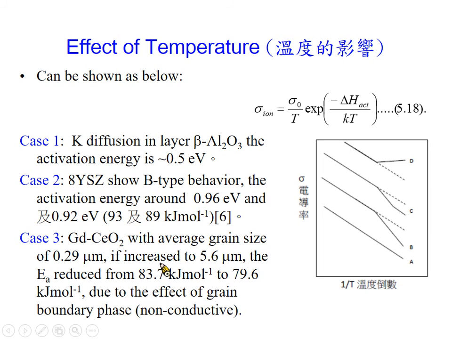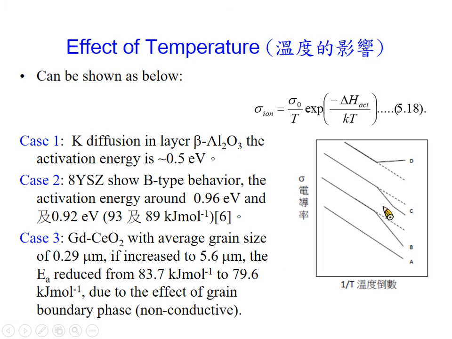When we increase the grain size, normally we reduce the effect coming from the grain boundary, so the activation energy changes accordingly. This is due to the effect of the grain boundary phase, as the grain boundary is non-conductive.